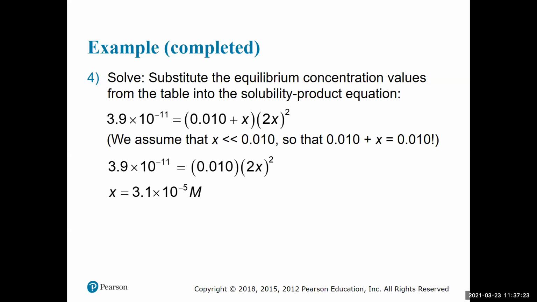Pretty small number. We go back and check it with regards to our 0.01, and we see that if we did add that, it really wouldn't impact it. It wouldn't show up in our significant figures at all. So it was a good assumption. So there's an example of doing a KSP calculation to see what the impact is on the concentrations when you have that common ion effect.